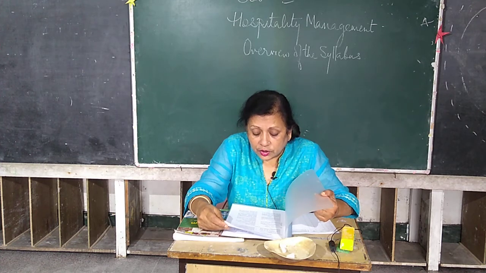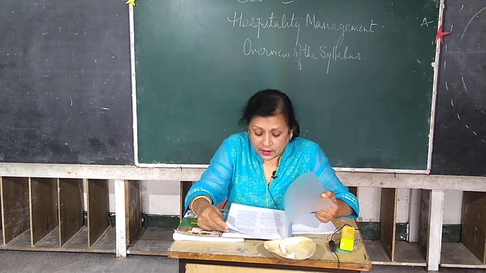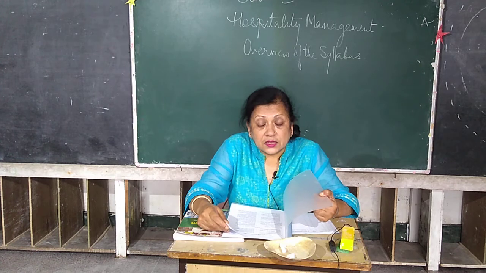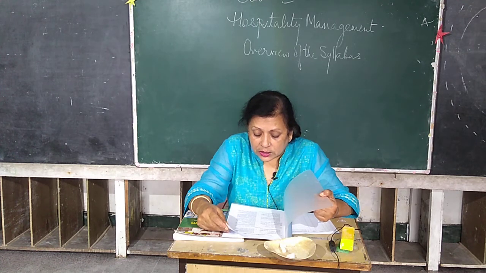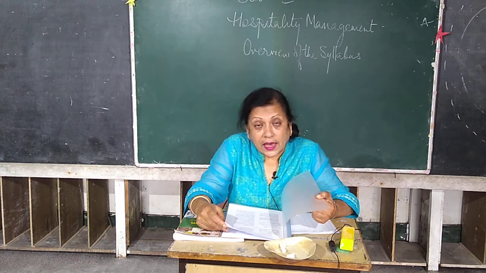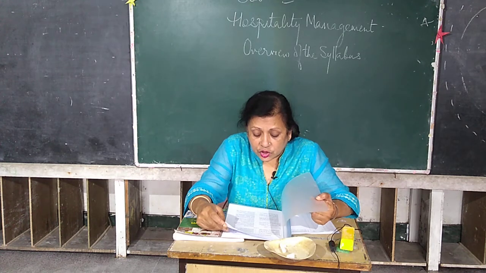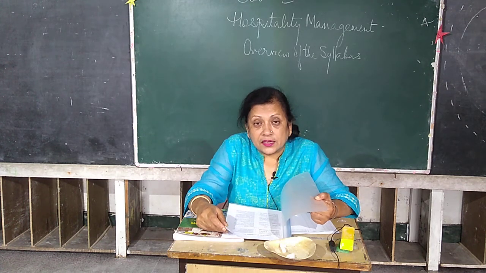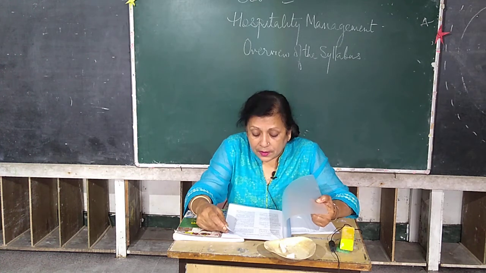Then the fourth unit includes the services offered in hospitality to the guests and what characteristics need to be seen in hospitality personnel, or people working in the hospitality industry.